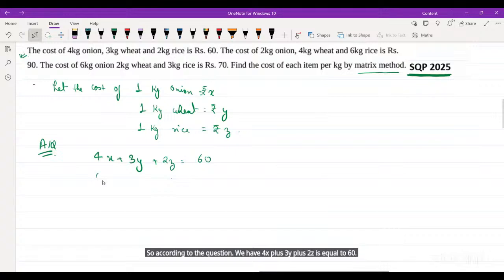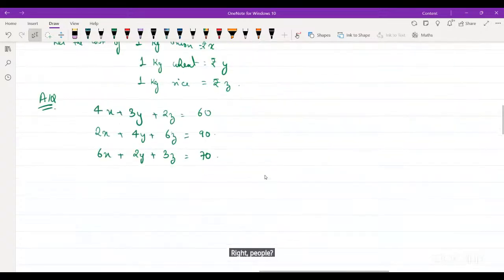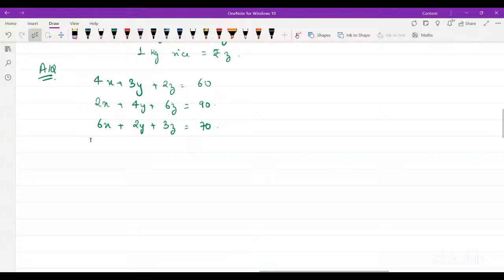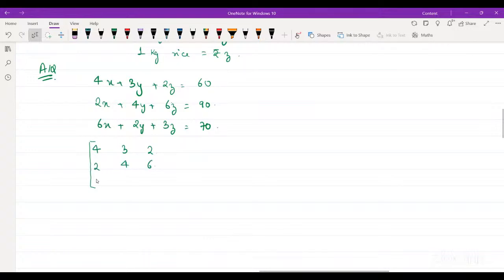Then 2x plus 4y plus 6z is equal to 90. 6x plus 2y plus 3z is equal to 70. Right, people? Now let's write this in the form of matrices. So we can write this as 4, 3, 2. Then this we can write as X, Y, Z.